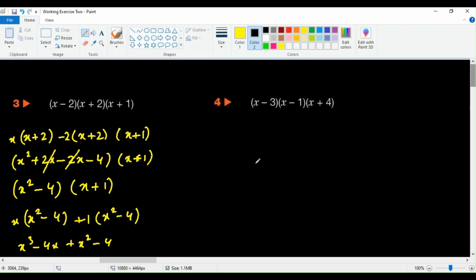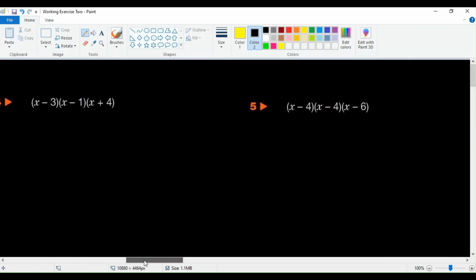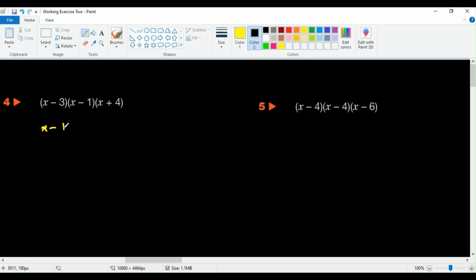Moving on to question number 4. In here, we are going to multiply x minus 1 with x minus 3. So I will write this two different times, and x plus 4 we write normally. So x minus 1 is going to multiply x minus 3 like this. So the first bracket is going to be x square minus x and minus 3x and plus 3.